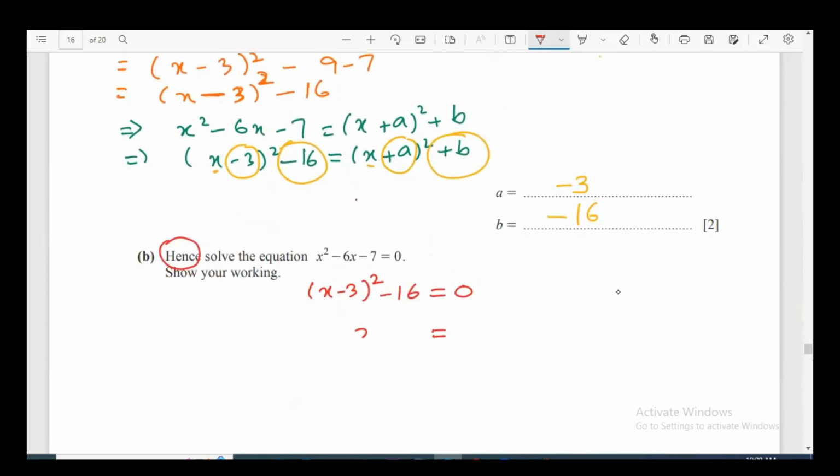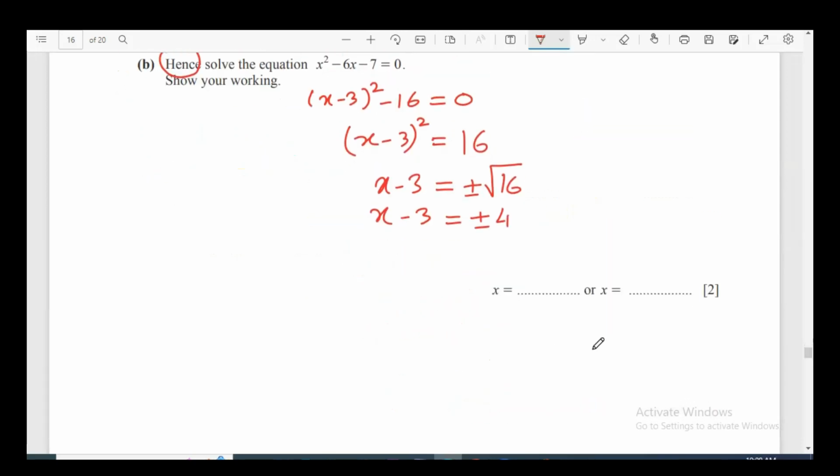Now by making x the subject, (x minus 3) square equal to 16, x minus 3 equals plus minus square root 16, which is x minus 3 equals plus minus 4. So x minus 3 equal to plus minus 4 means we have to write x minus 3 equal to 4, or x minus 3 equals minus 4.